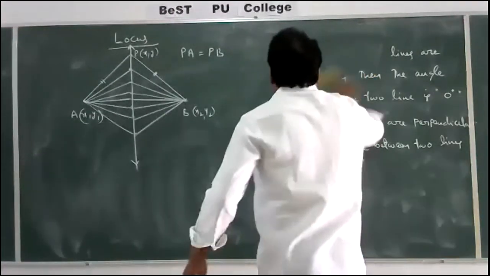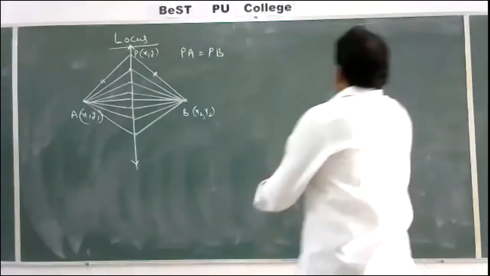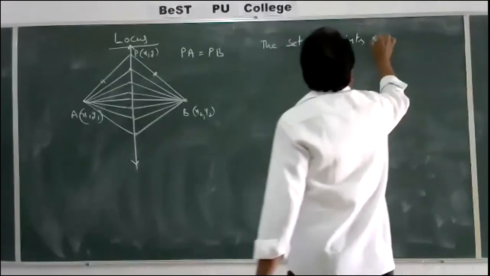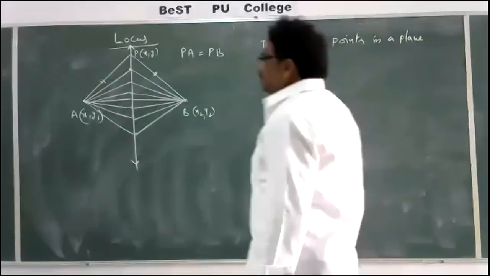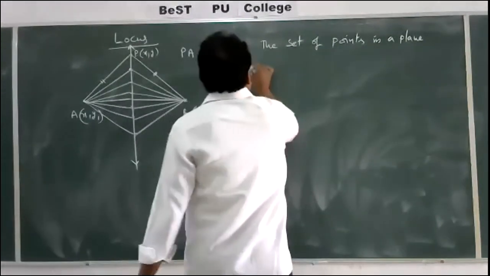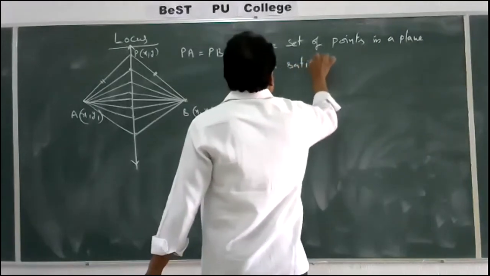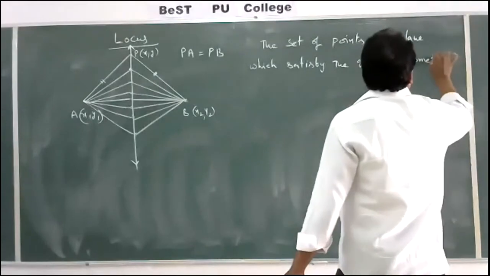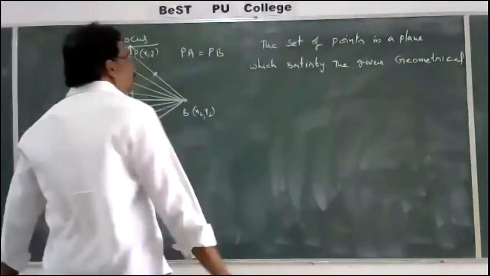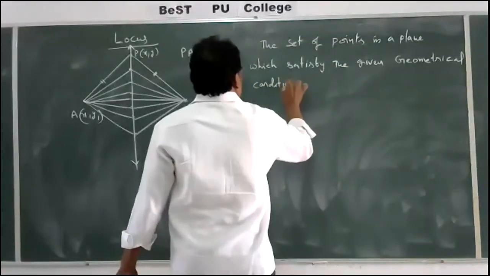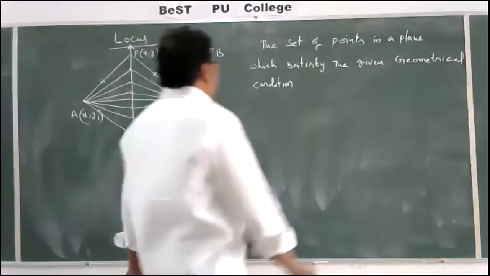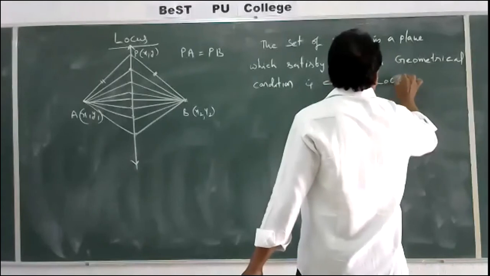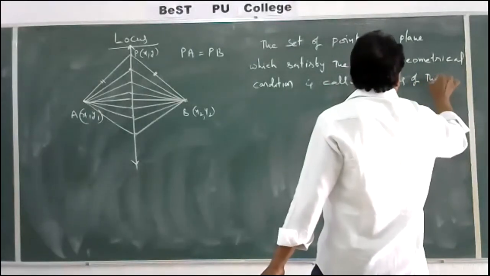The set of points in a plane which satisfy the given geometrical condition is called locus of the point.